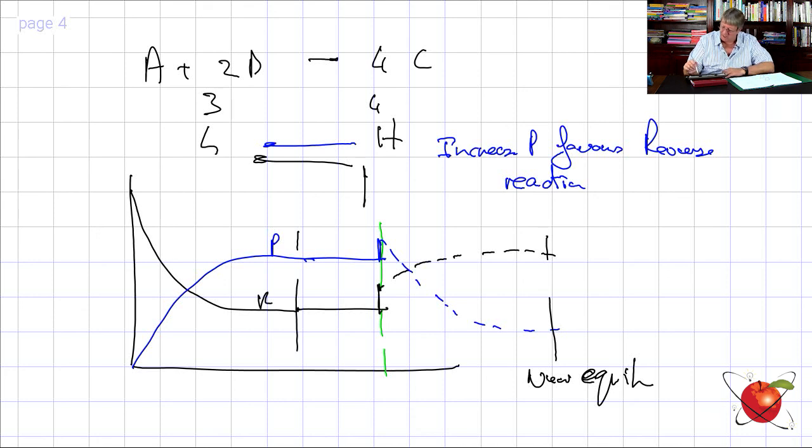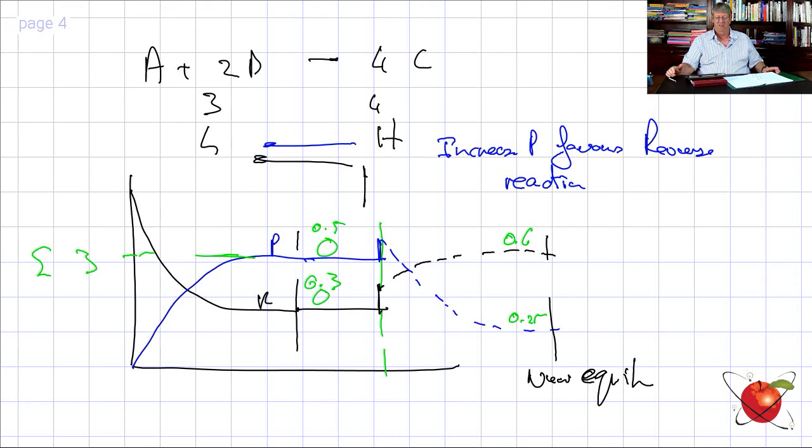And very often in the examples that you see, you will see written on here a number. Say 0.5, 0.3, and this goes to 0.6, and that drops to 0.25 over there. Those are numbers that tell you what the concentrations were at that point. And that allows us to calculate something into the future.